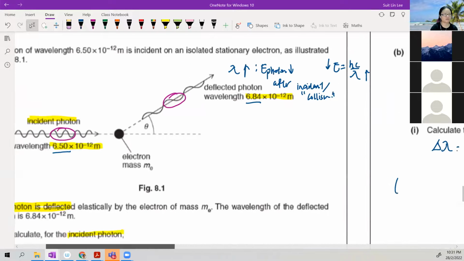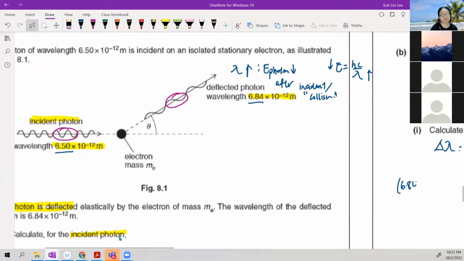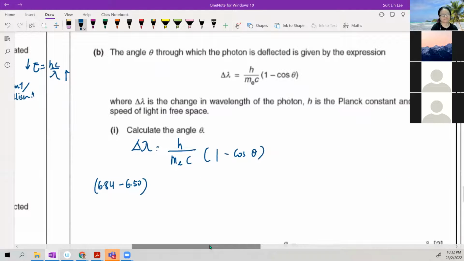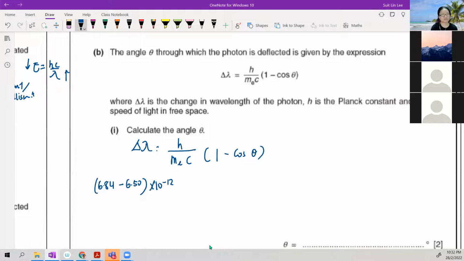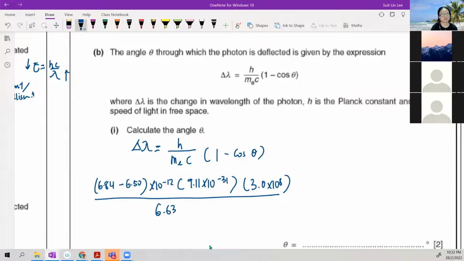So what we have here is 6.84 minus 6.50 times 10 to the power negative 12, multiplied by the mass of electron, 9.11 times 10 to the power negative 31, speed of light 3.0 times 10 to the power of 8, divided by 6.63 times 10 to the power negative 34, equals 1 minus cos theta. So I guess we can find cos theta and subsequently theta.